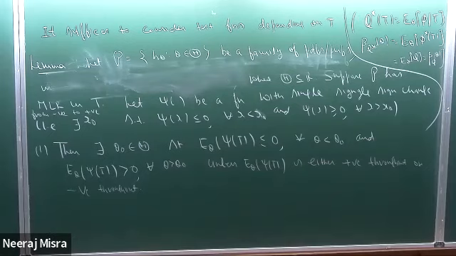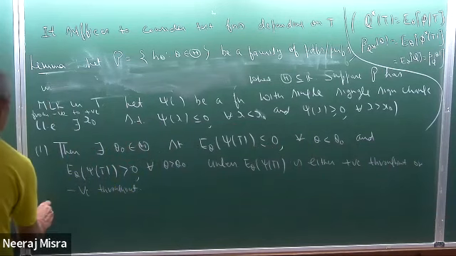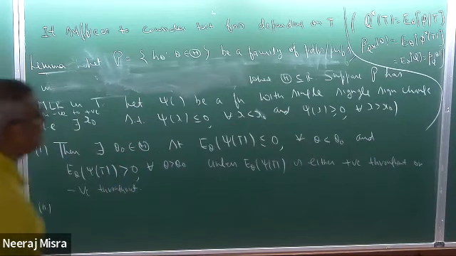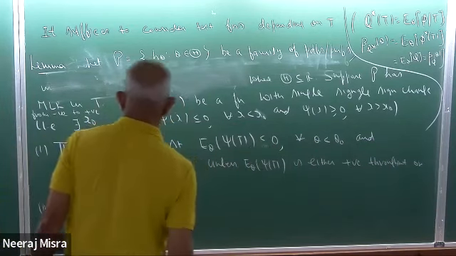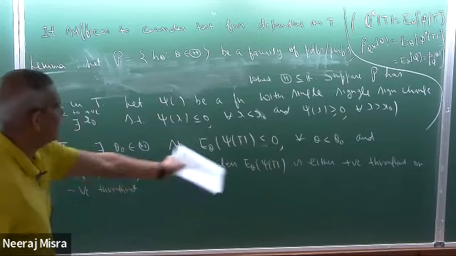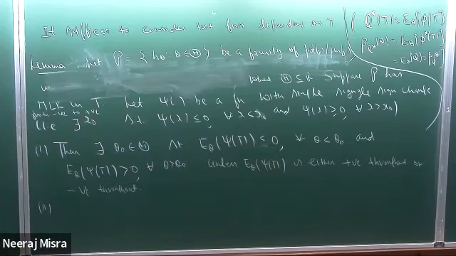But if it takes both negative and positive values, then once it becomes positive, it will remain positive throughout, right? That is what it says. So that covers it, unless the expectation is either positive throughout or negative throughout.